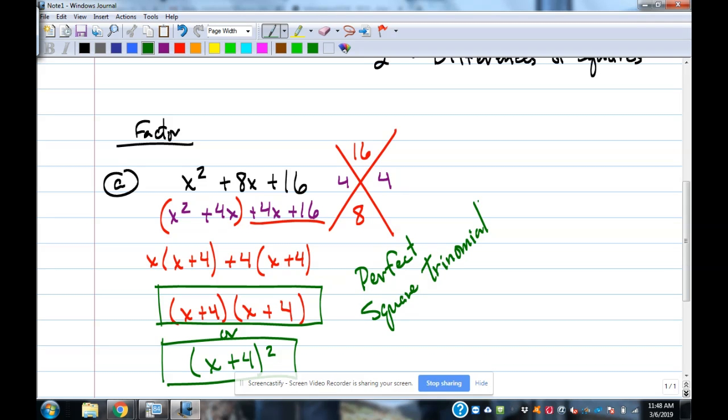Okay, perfect square trinomial. The reason it's a perfect square trinomial is because when you factor it, you get the same factor twice. That's what makes it a perfect square trinomial. There are some properties of the numbers that are in there. If we look at the end, we know 16 is what kind of number? How can we describe that?